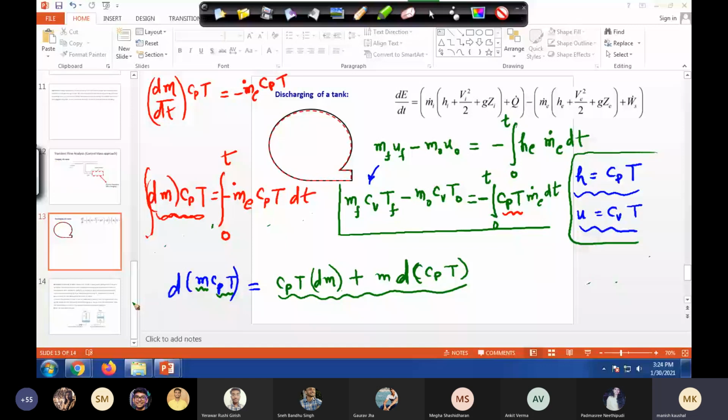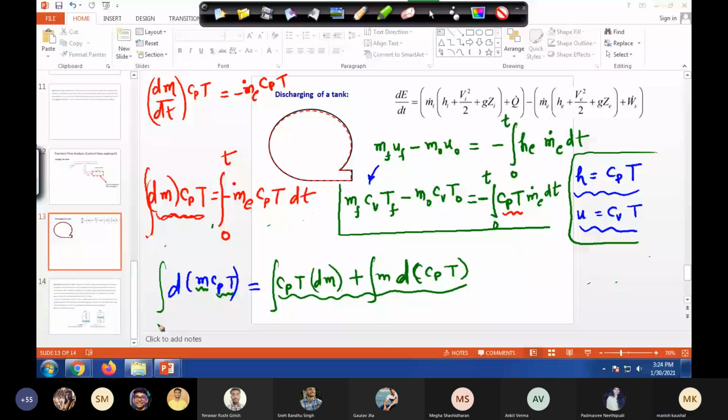So now if I take integration, what will happen? This is fine. This I can always calculate.